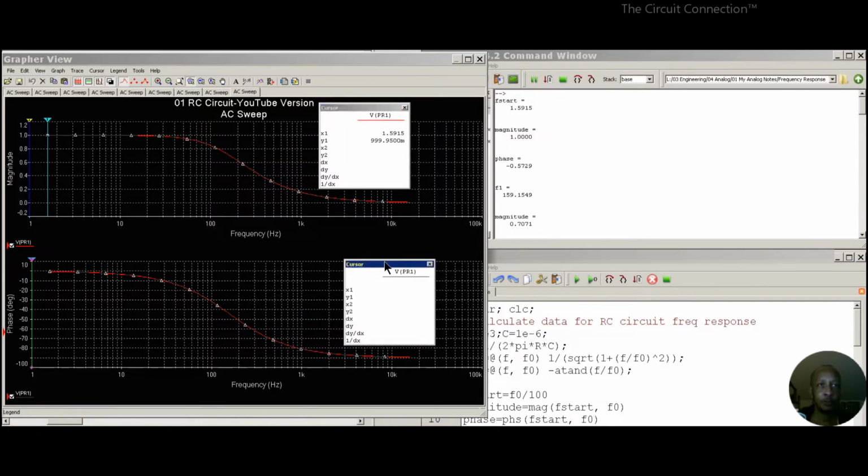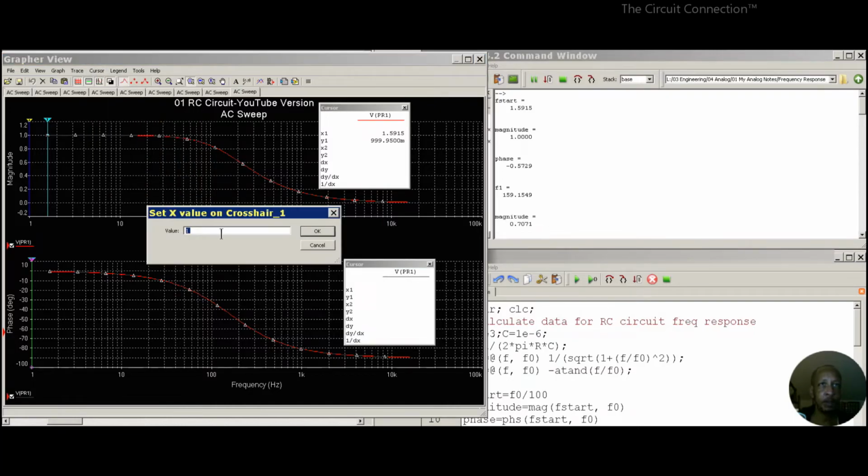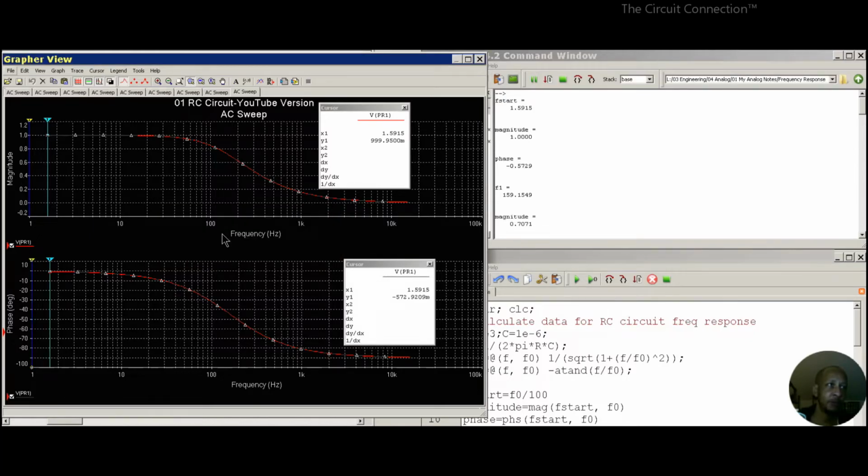For that cursor, I'm going to select the X value, and I want that to be 1.5915, same frequency, and it's cursor 1. So at that frequency, what do you get? Negative 572.92 milli. What did we get here?